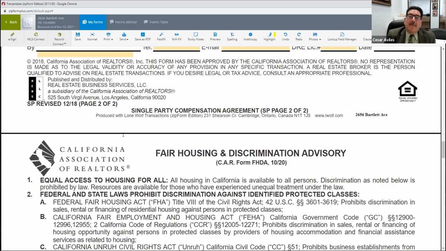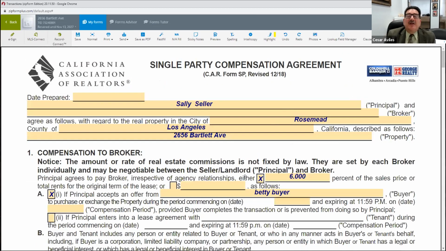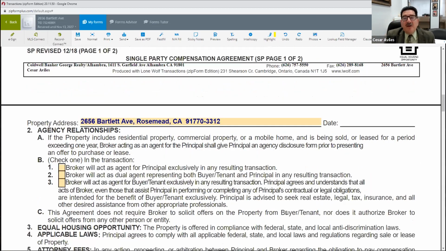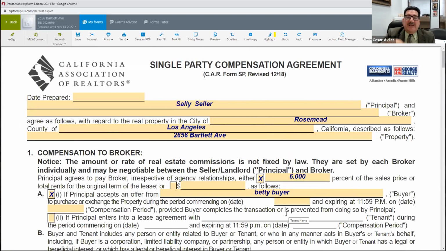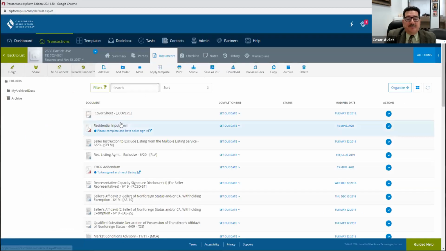And also, before you sign this, you have to sign an agency agreement, an agency disclosure, and then this form, and then the fair housing form. Then you're going to be writing up a purchase agreement, the buyer's advisory, and all of the statewide buyers and sellers forms, what we did last week. Okay, so those are the three forms that we use to get paid.